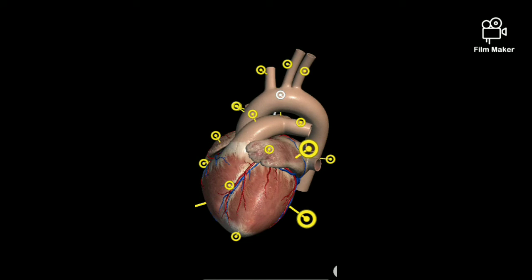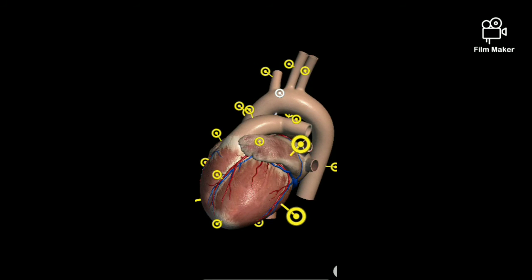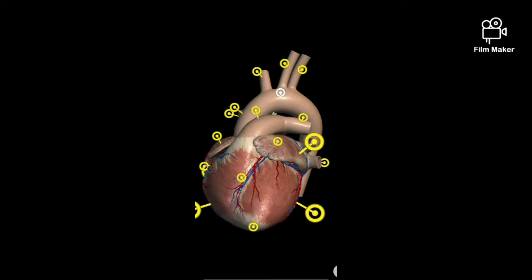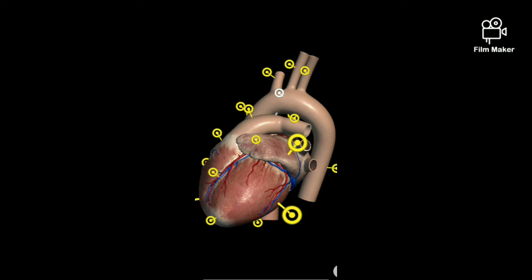Actually, the aorta is the largest artery in the body. It carries oxygenated blood, which is pumped by the left side of the heart, to the rest of the body. The aorta arises from the aortic orifice at the base of the left ventricle.